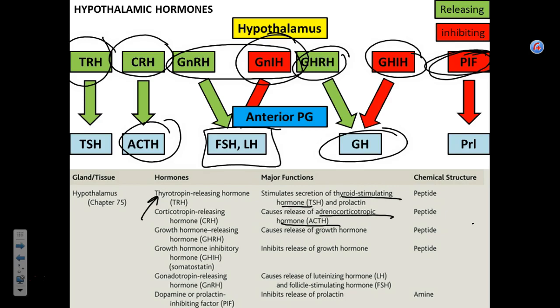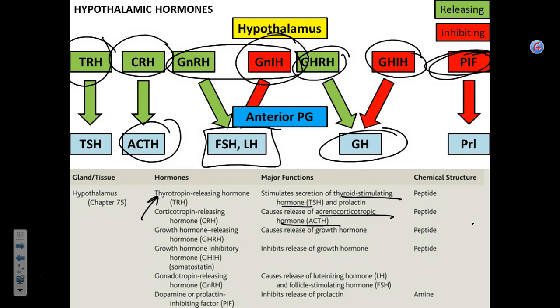Now, the problem with the endocrine system, with explaining it, is that it's very connected. So when we talk about it, my personal reaction would be, okay, so what? No, seriously.